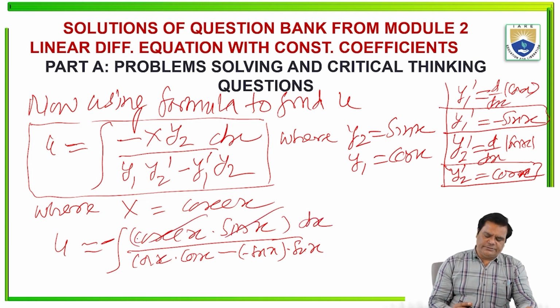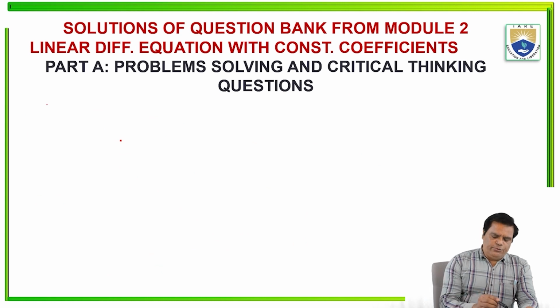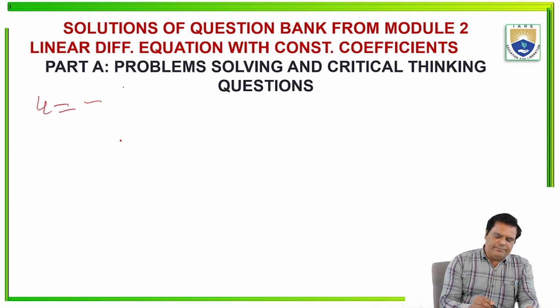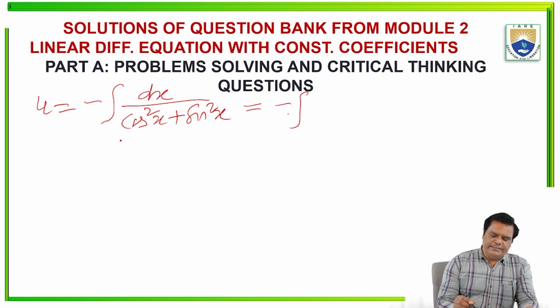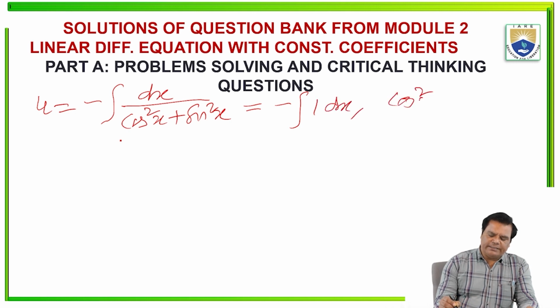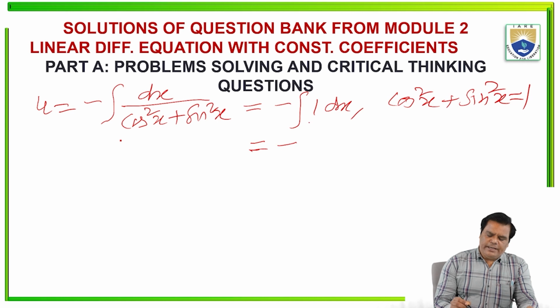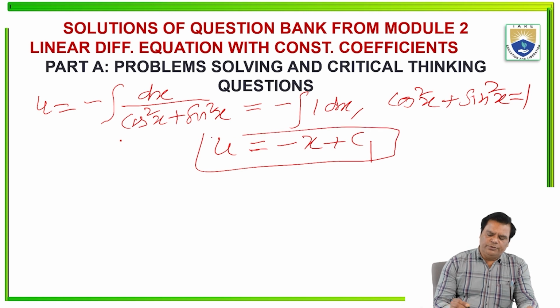So cosec x cancels with sin x, and u equals the integral of minus dx upon (cos square x plus sin square x). Since cos square x plus sin square x equals 1, u equals minus the integral of 1 dx, which is minus x plus c1. This is u, equation number 9.